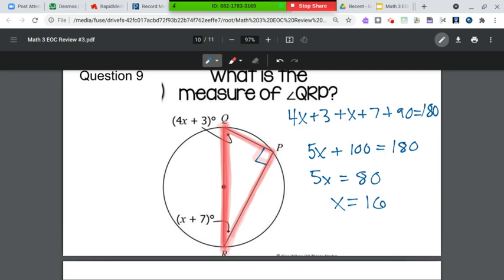Now, they didn't ask us what x is. They asked us for the measure of angle QRP. We plug 16 back in here. 16 plus 7 gives us the measure of angle QRP as 23 degrees.